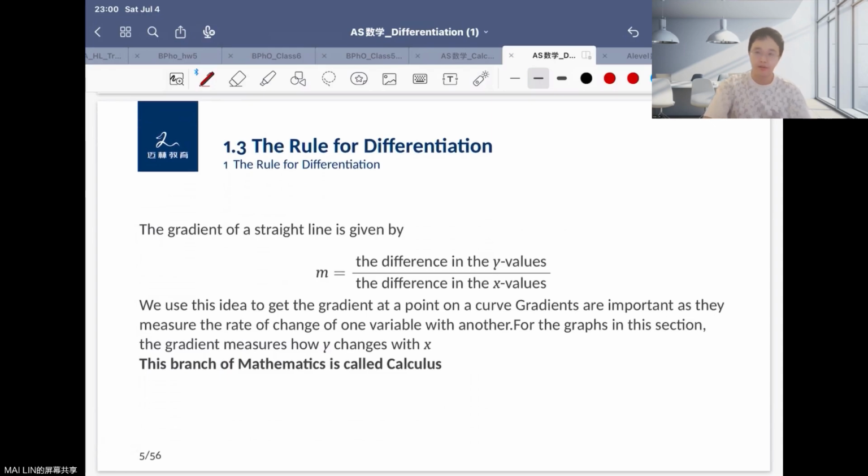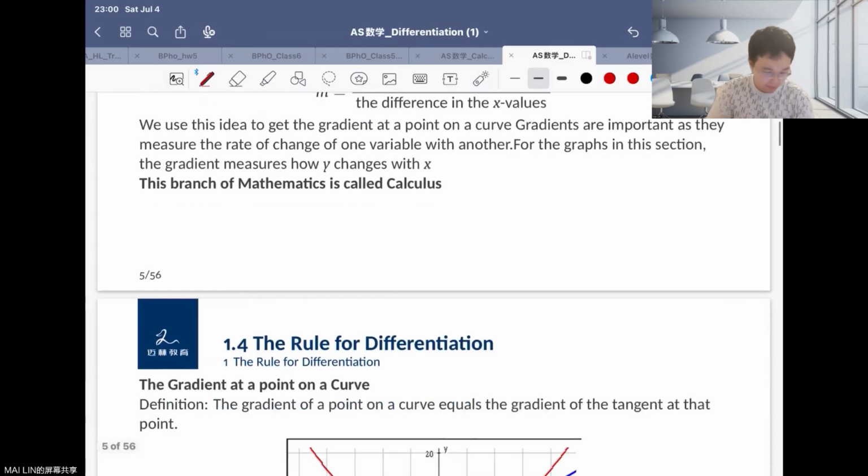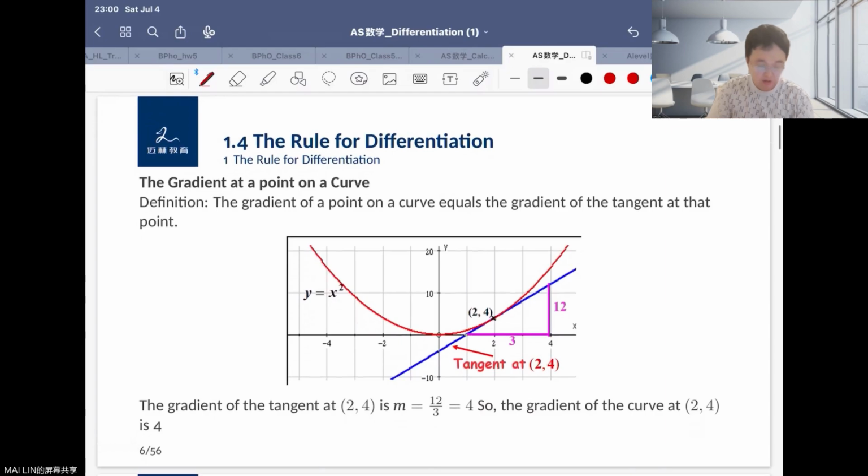The gradient m can be considered as the difference in y over the difference in x. That is the definition of gradient m. Sometimes we also have a curved path. For example, the point (2, 4) lies on a quadratic graph.